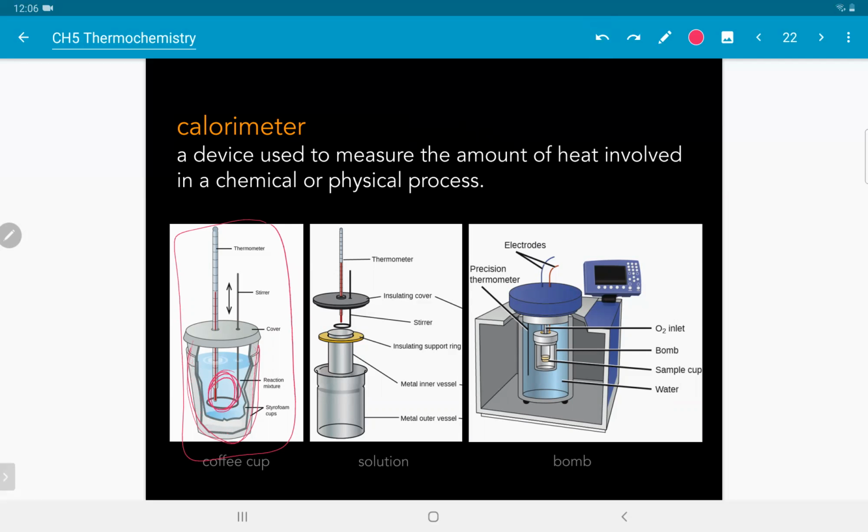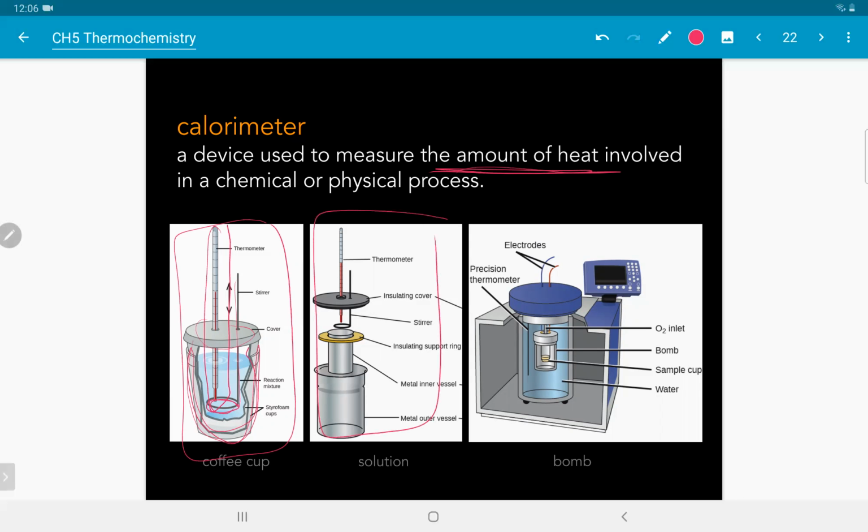It's just coming from the reaction or the physical change that's occurring inside, right? So you've got two coffee cups with a lid. You've got something in there to stir. I think honestly in lab, you guys are just going to swirl your cups to stir. And then you've got a thermometer to actually measure the change in heat, right? Because everything in calorimetry is talking about heat transfer. Something's losing heat, something's gaining heat. All right, so that's the most basic type of calorimeter, and it's inexpensive, reliable, it works.